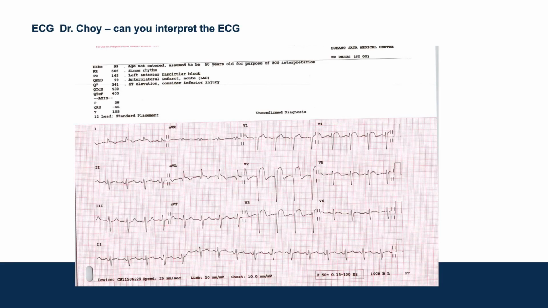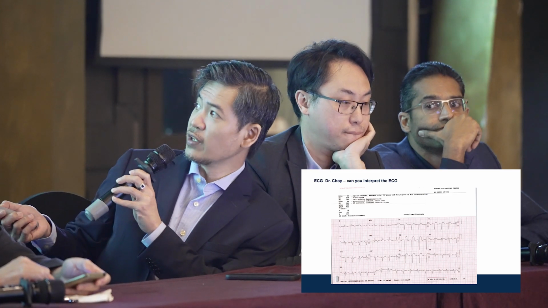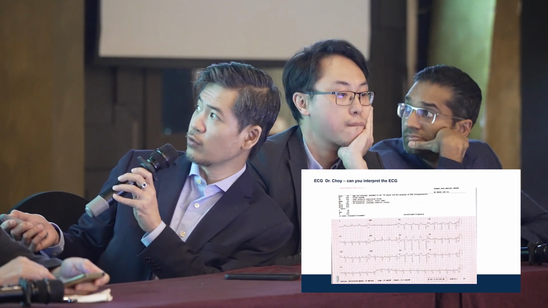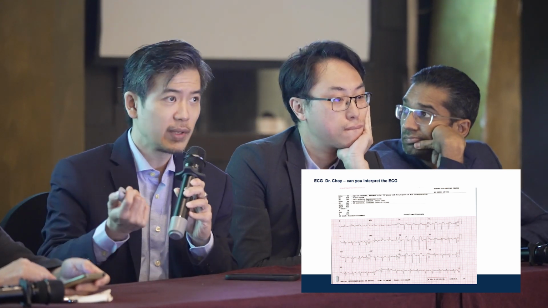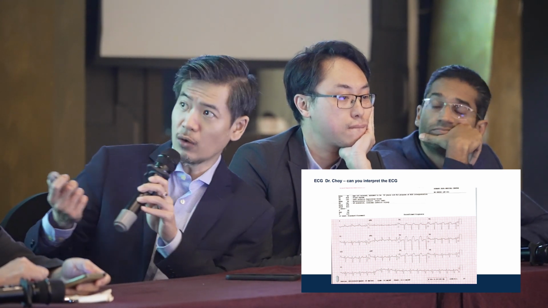Evidently from V1, V2, V3, V4, V5, and maybe aVL and lead 1 as well. So it's extensive anterior to lateral ST elevation, and together with a little bit of a Q from V1 to V2 to indicate that probably it has been a bit of a progression already.